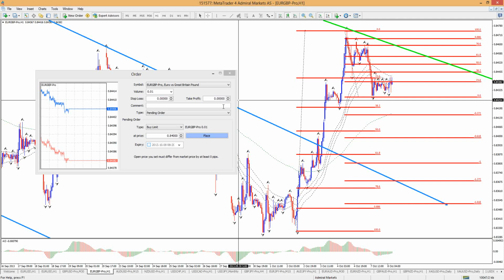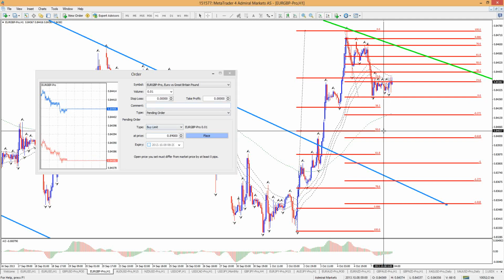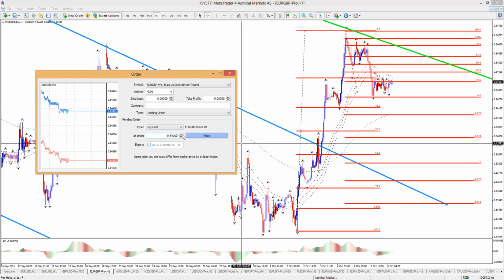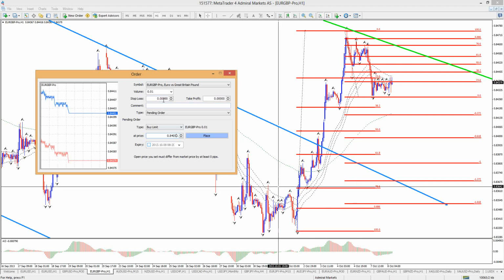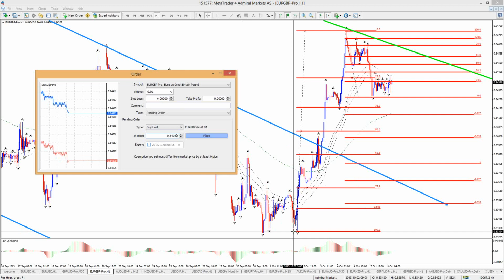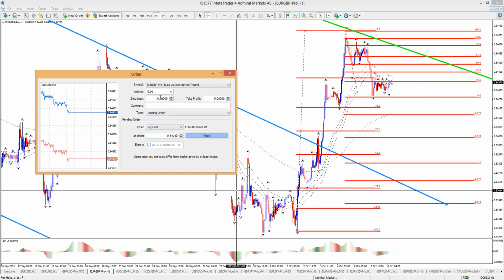Let's see, the stop loss is about 2 pips here. I'll just go a bit above the 50 fib at around 84.05. Just 5 pips above the 84 and go at 83.25. So it's 80 pip stop loss.